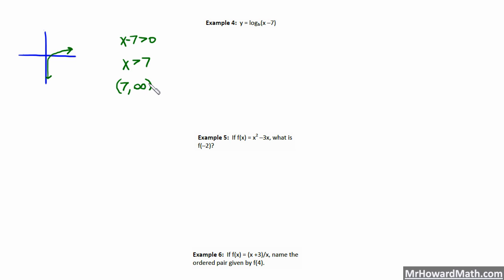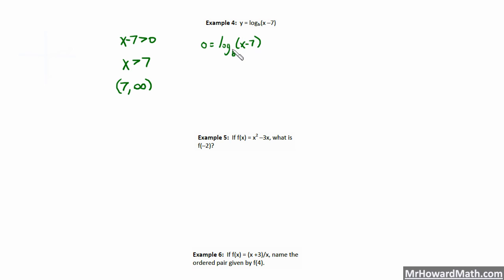Okay? Now, if we remember, this graph that I drew over here was just the parent function, so I'm going to erase that so you don't get confused, because this graph is not going to look that way, and we'll look at the graph in just a second. So algebraically, if we solve this for when y is equal to 0 to find our x-intercept, we would have 0 equals log base b of x minus 7.